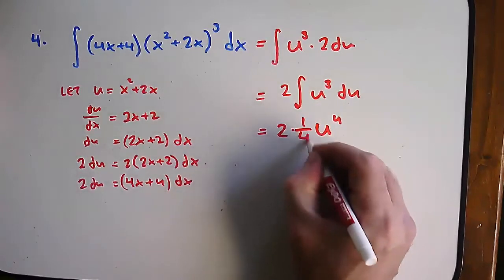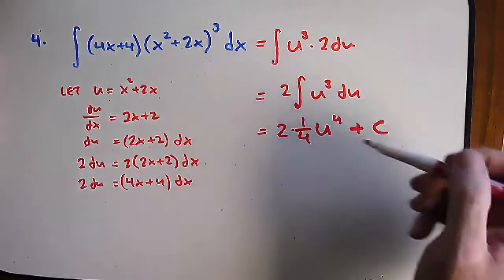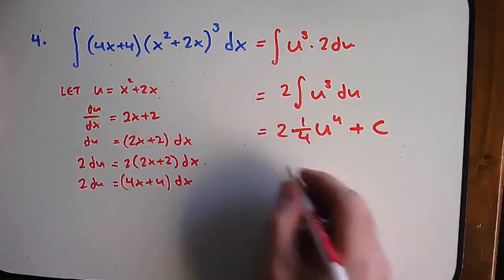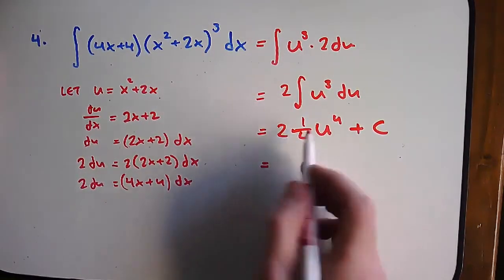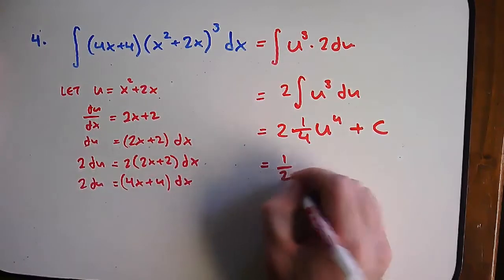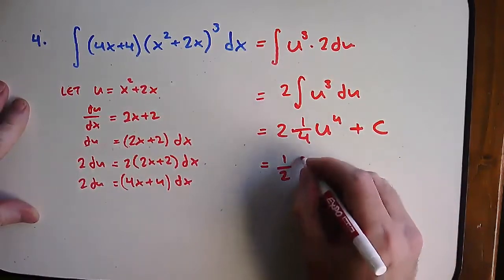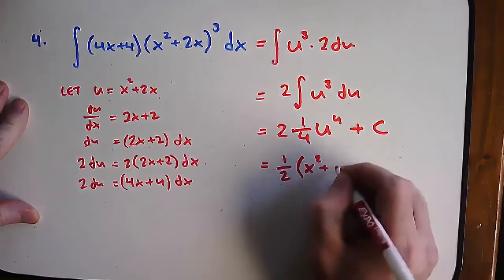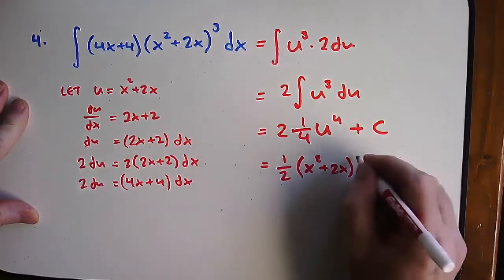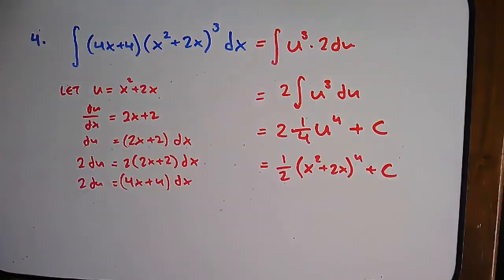So 1 over 4 plus c, right? Du goes away, integral goes away, c enters. Okay, I can simplify 2 times 1/4, that's 2 quarters, or 1/2, as the kids say. U to the 4th, I'm going to change back into x's, so I have x squared plus 2x to the 4th power plus c. My problem's done.